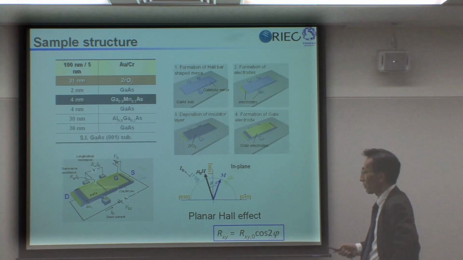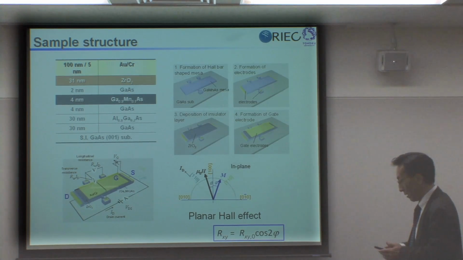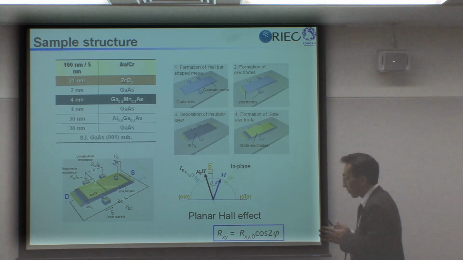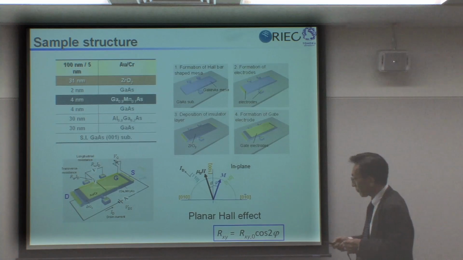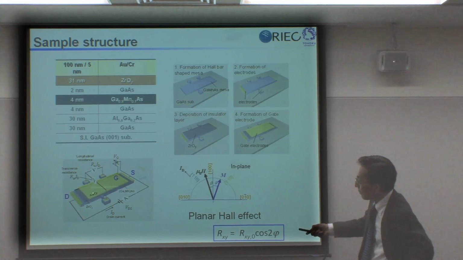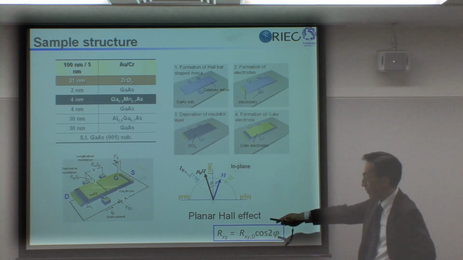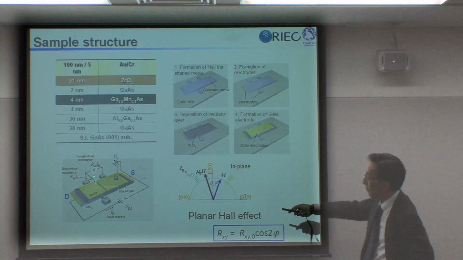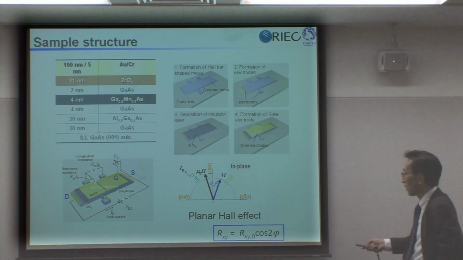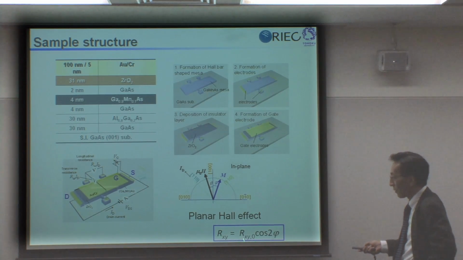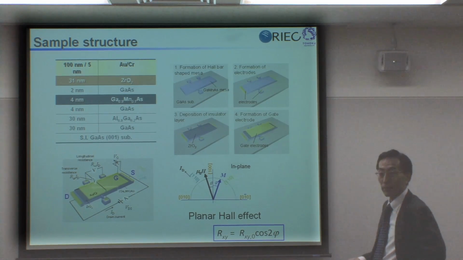Planar Hall effect is nothing but anomalous anisotropic magnetic resistance. So basically we measure the voltage across, and when the magnetization changes its direction in the plane, the voltage changes, and from which we get the direction of magnetization.